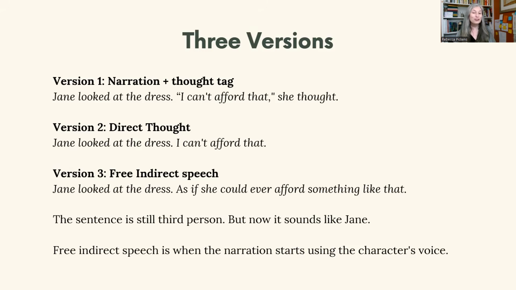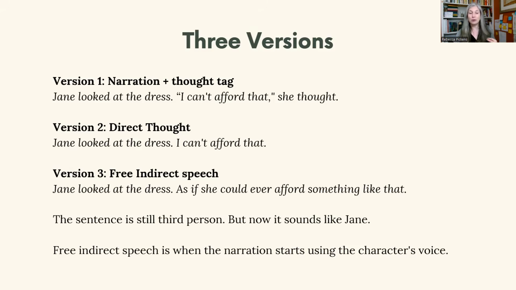But now in version three, we have free indirect speech. Jane looked at the dress as if she could ever afford something like that. Notice that all three of these sentences are still in third person. We don't have to switch to a first person POV to get really close to that character's voice.